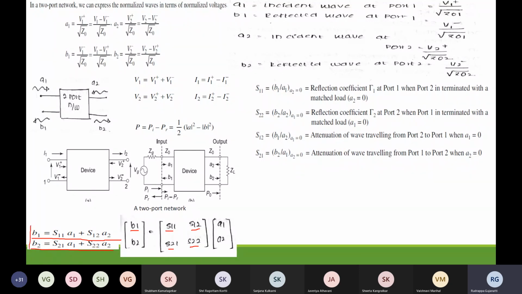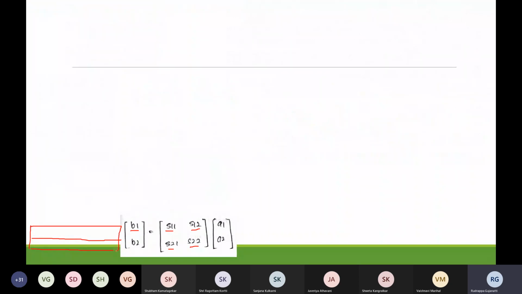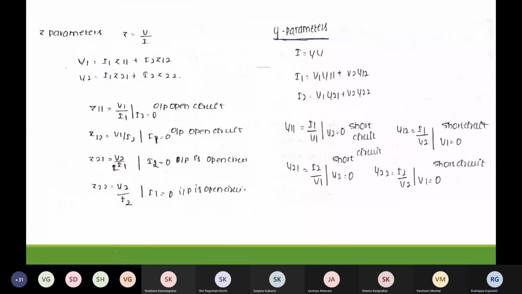Now, in the previous case, say Z or Y parameters, where we had V1 is equal to I1 into Z11 plus I2 into Z12, if I had to identify one of the parameters, I would make the current I2 zero.